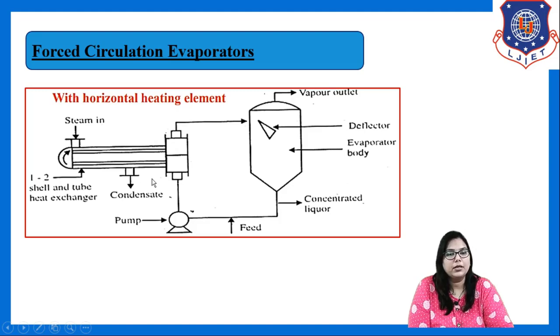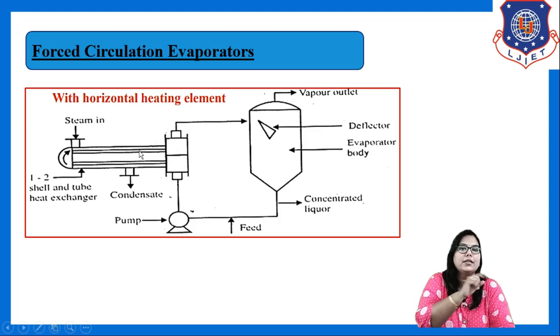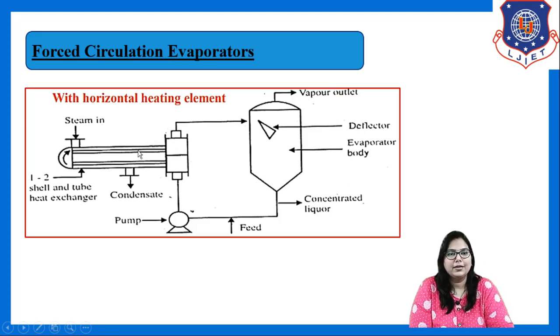If you remember, in natural circulation evaporator, the heating element is always inside the evaporator body, while in this forced circulation evaporator, the heating element is outside the evaporator body, external.